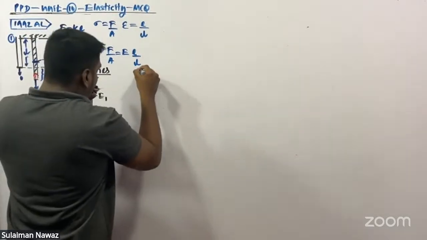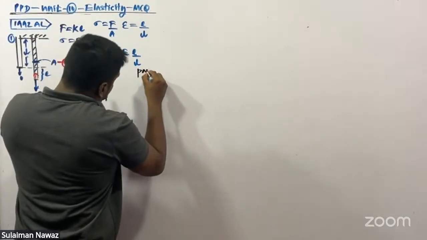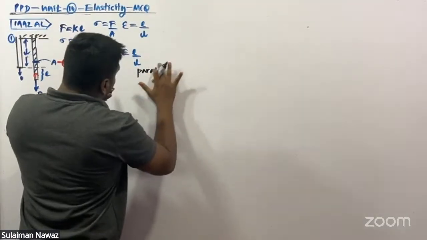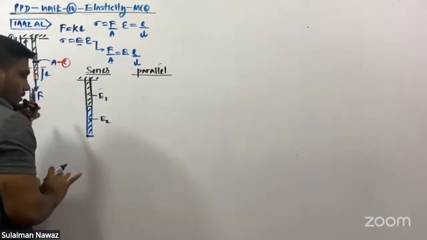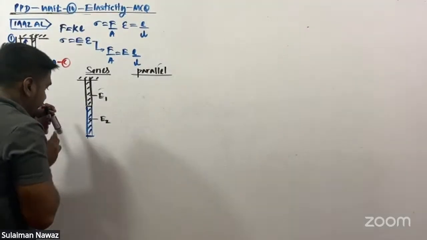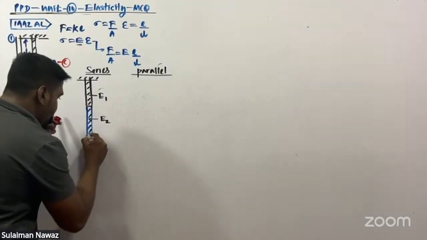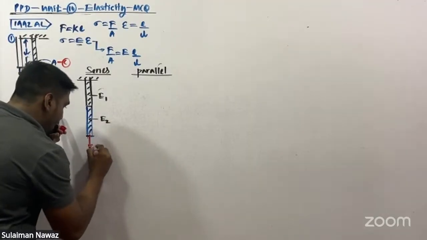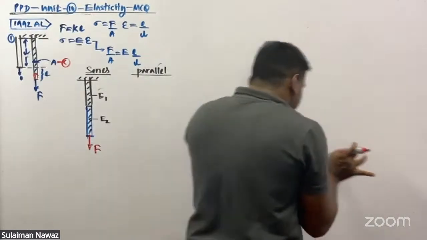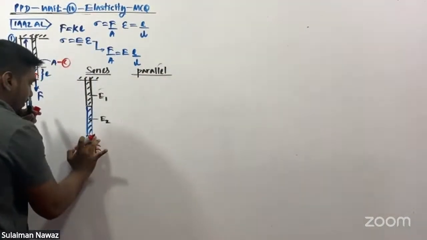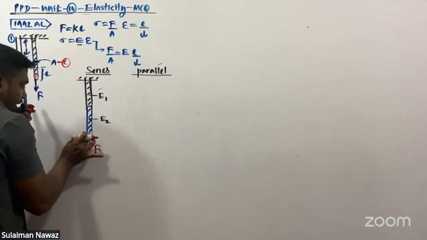Next I will tell you what will happen when they are connected in parallel. So when they are in series, let's say you apply a force. You are actually applying the force from the end of the second rod.